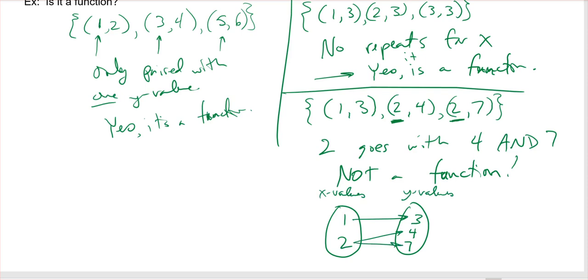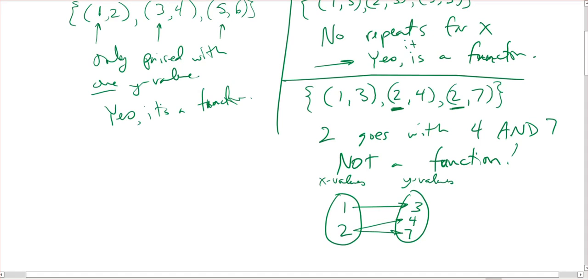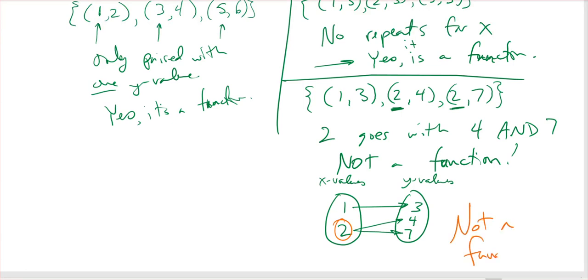When we write it like this, we can tell it's not a function if 2 arrows come out of one number. This one number has 2 arrows coming out of it, so this is not a function. If it is a function, then each one of the x values is only going to have 1 arrow coming out of it.